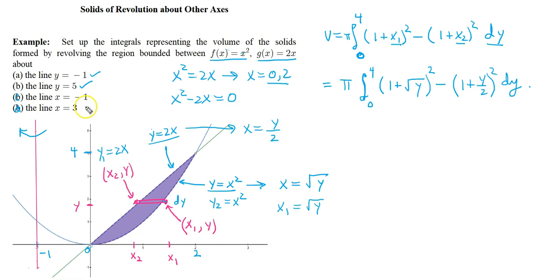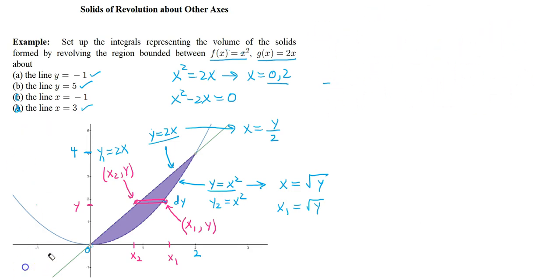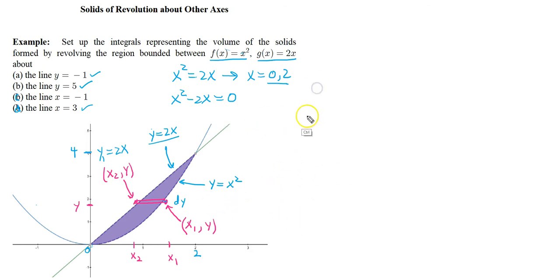Now let's take a look at part D right here about the line x equals 3. So let's change this up now. Now right here is the line x equals 3. And we'll keep the same orientation for our little rectangle down here.